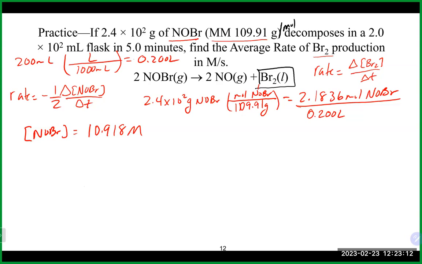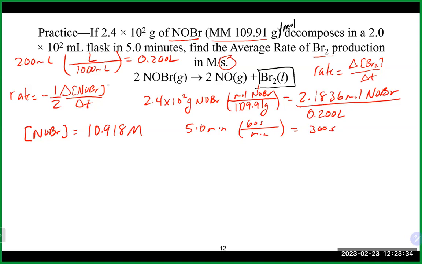In this case, since we are ultimately looking for seconds, our unit of time is in minutes, so I'm also going to convert my minutes into seconds. At some point, you have to do that. So 5 minutes, there's 60 seconds in a minute, that is 300 seconds.